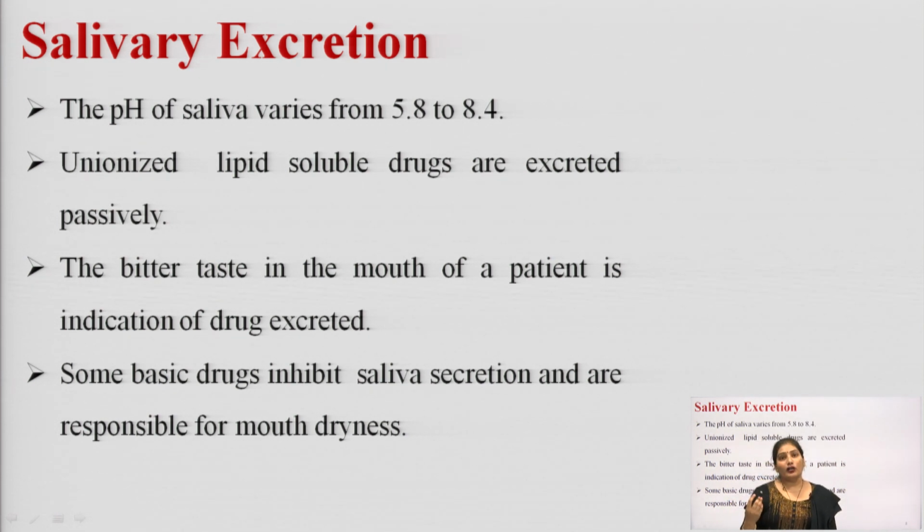This hypothesis we have already discussed in the first chapter, on drug absorption. The pH partition hypothesis affects the drug absorption process, and similarly it affects drug excretion through the saliva. So, unionized lipid soluble drugs are excreted passively in the saliva.